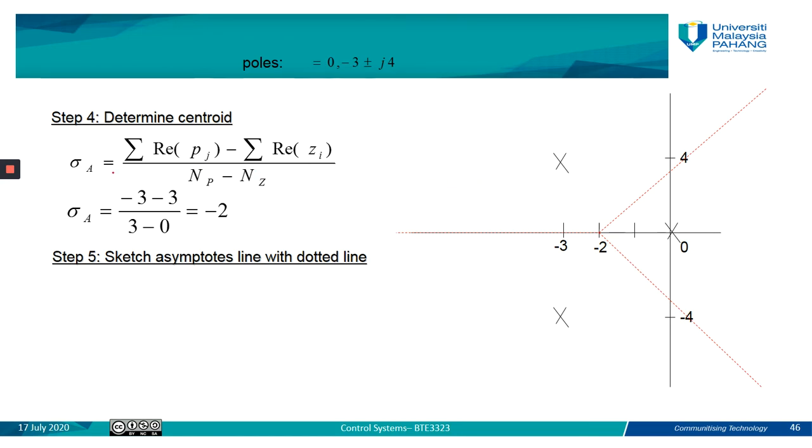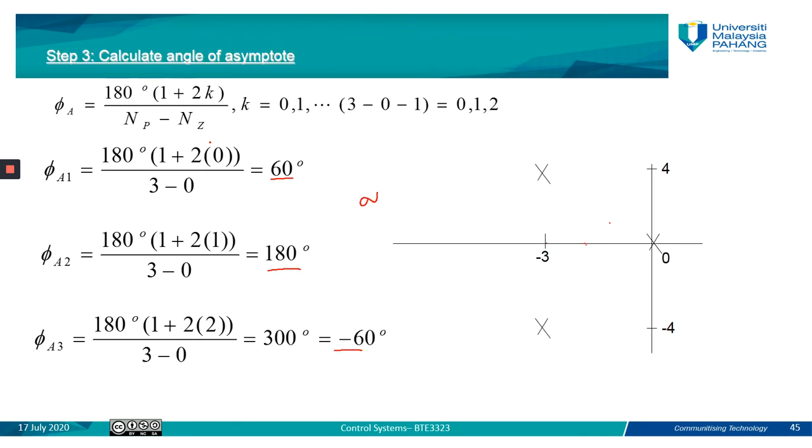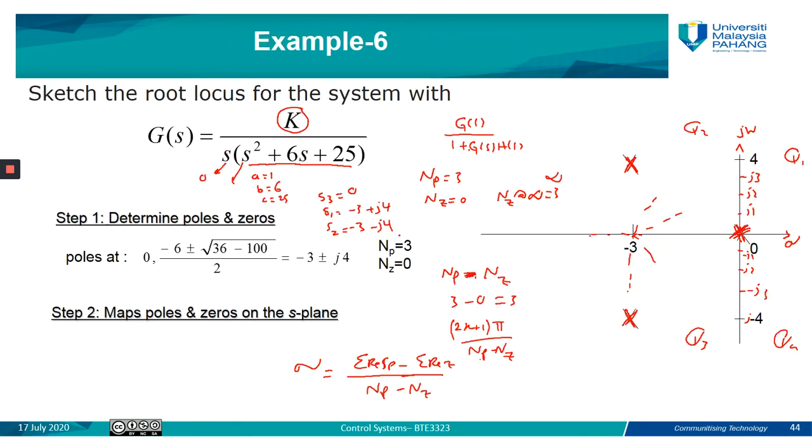So here we calculate the value of the centroid. The centroid equals the real values of the poles minus the real values of the zeros, over the number of poles minus the number of zeros. If we substitute the real values of the poles, we said we have 3 poles, correct? So we have 0, we have -3 plus J4, we have -3 minus J4.